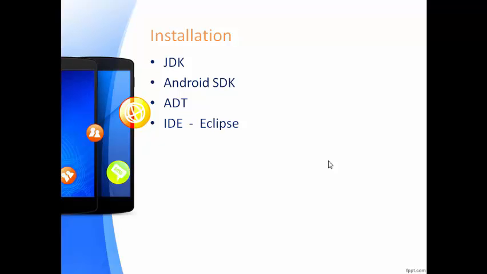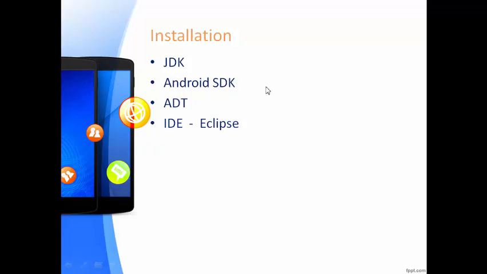So the prerequisites for the installation are JDK, Android SDK, ADT, and you need an IDE. Let us use Eclipse. Okay, so you may get confused about where to download the Android SDK, ADT, and the IDE. You need not bother about this because Google will provide you all these three things in one bundle.